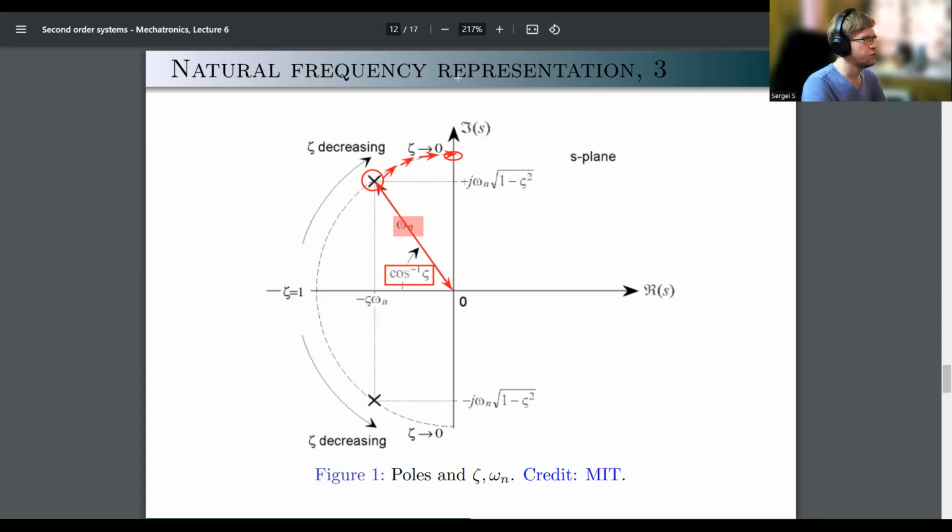As, on the other hand, we move it around in a different direction, we approach the number 1. Here is damping factor equal to 1. The inverse cosine of 1 is 0, right? So the angle is 0. What happens is the imaginary part of our poles goes to 0, so it becomes purely real.